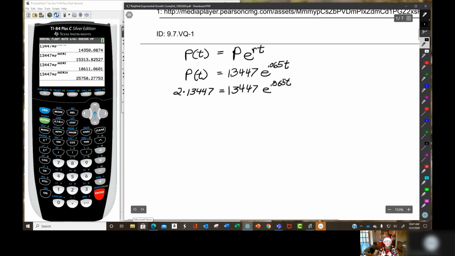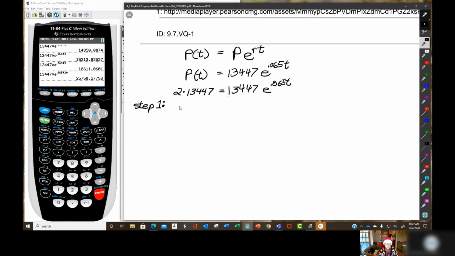How do you solve an equation like this? So there are like 4 steps you go through. Step 1. You divide both sides of the equation by this number right here, by the P number.